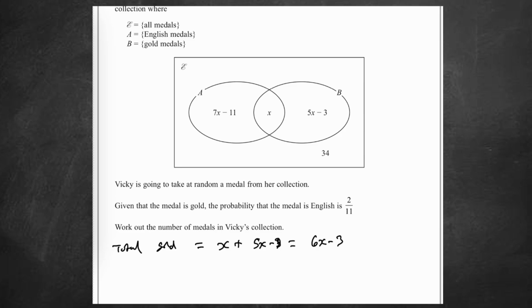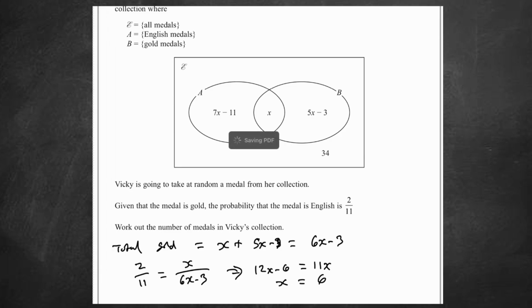And we know that 2 out of 11 is the same as x out of 6x minus 3. Therefore, we can multiply both sides by 6x minus 3 and by 11, so that we get 12x minus 6 equals 11x. Therefore, x equals 6 after some rearranging.